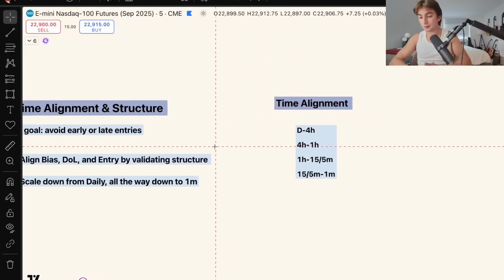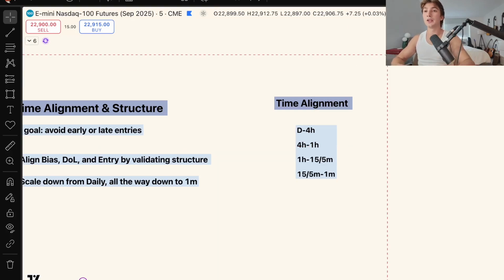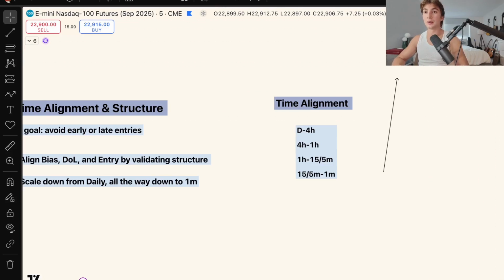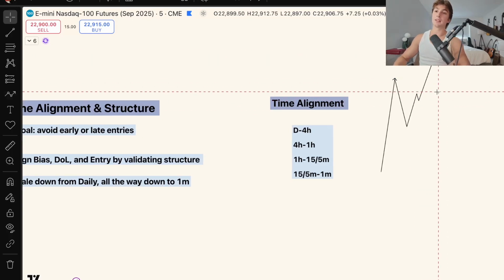Time alignment. So if you're seeing that the daily chart, for example, is bullish, you want to confirm that through the 4 hour, right? So the daily chart could look something like this, but on the 4 hour, you'd probably want to see maybe a pullback on the 4 hour to hit a 4 hour fair value gap, and then confirmation so price can remain bullish on the daily.